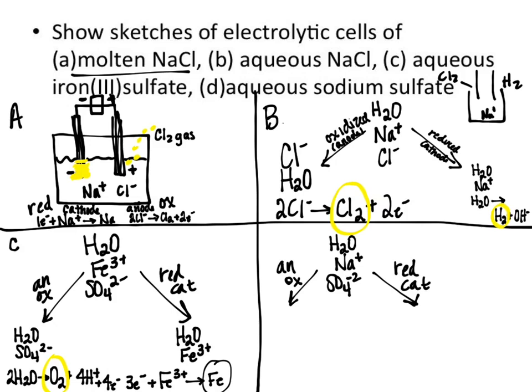So what can possibly be oxidized or reduced? So on the reduced side, we can either have water or sodium. And which one is it going to be? It's going to be H2O, because sodium is group 1, group 2. So that means we're going to make oxygen and H+.